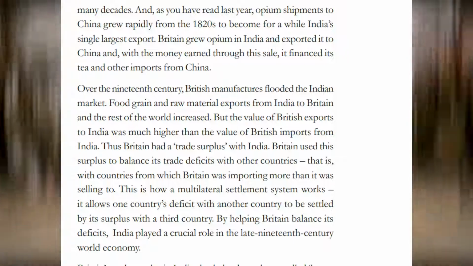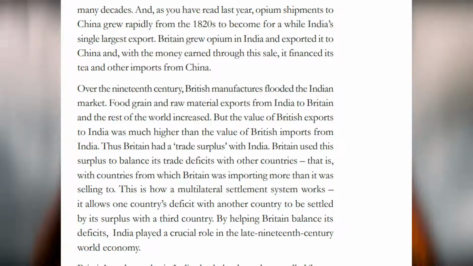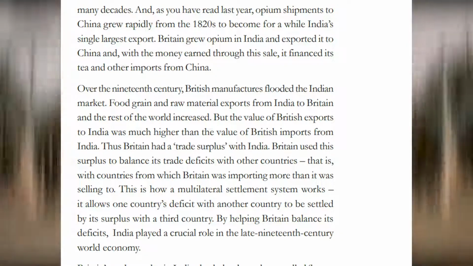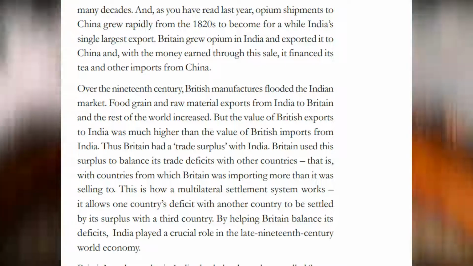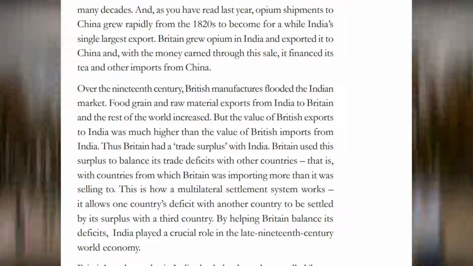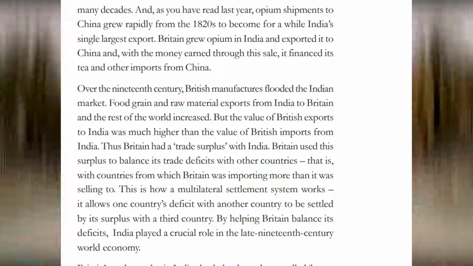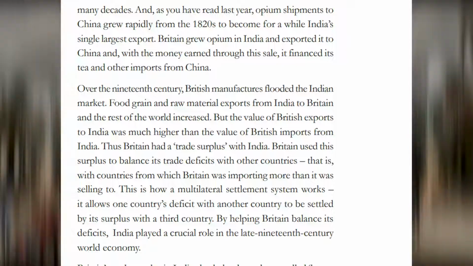Britain used this surplus to balance its trade deficits with other countries, that is, with countries from which Britain was importing more than it was selling to. This is how a multilateral settlement system works. It allows one country's deficit with another country to be settled by its surplus with a third country. By helping Britain balance its deficits, India played a crucial role in the late 19th century world economy.